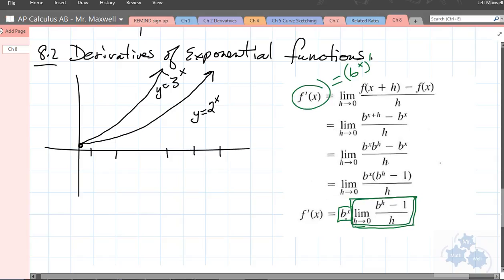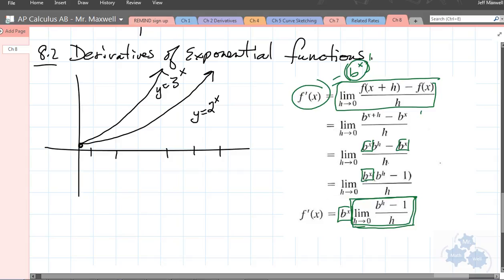How is f prime of x b to the x? Well, that's what we just went over right here. I'm taking the derivative of b to the x from the definition of a derivative. As we work this through, do you see how there's a common factor b to the x here on top? Pull that out.